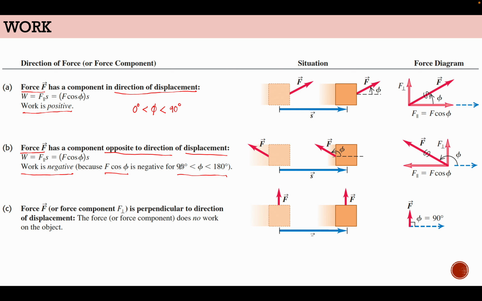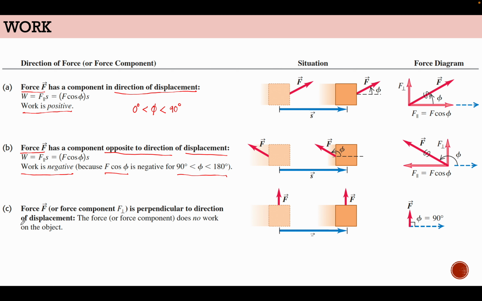So our angle must be greater than 90 degrees and less than 180 degrees, so that F cosine phi will be negative, and our work will be negative. We have here our force diagram as well as our situation indicating that the direction of the force is opposite to the direction of our displacement. That's why our work will be negative.